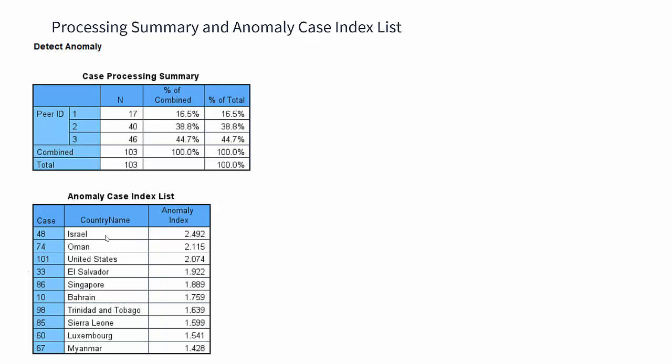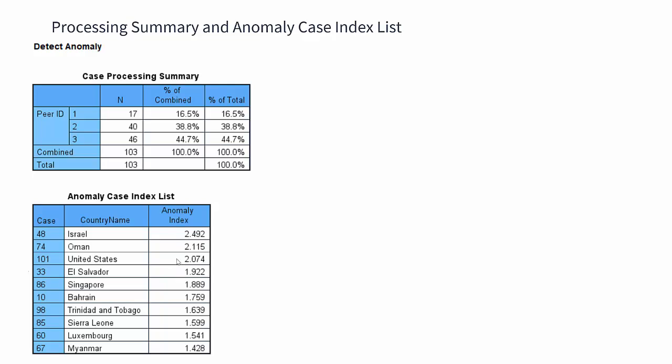And that, of course, is with respect not to all 103 countries, but to whatever peer group Israel has been assigned to. So it's with respect to its peer group that it's anomalous. Then we have Oman with a score of 2.1, then the United States with a score of 2.074. So 3 countries have scores above 2.